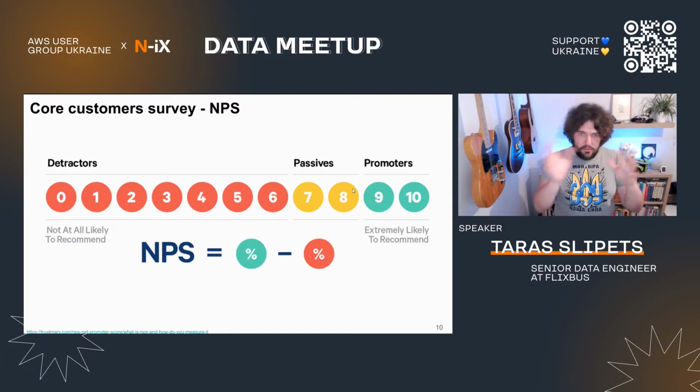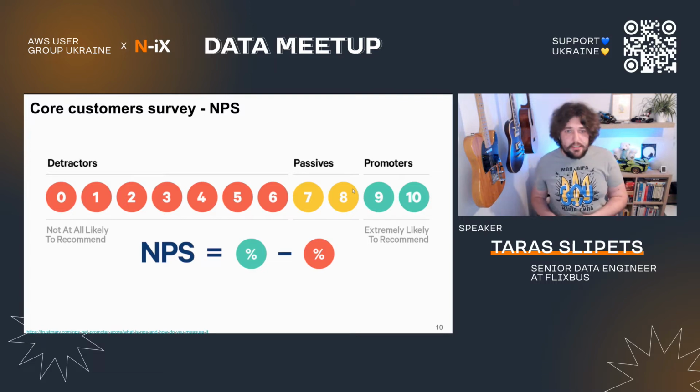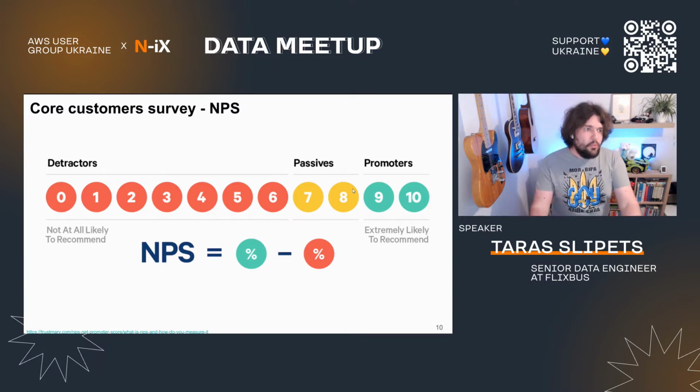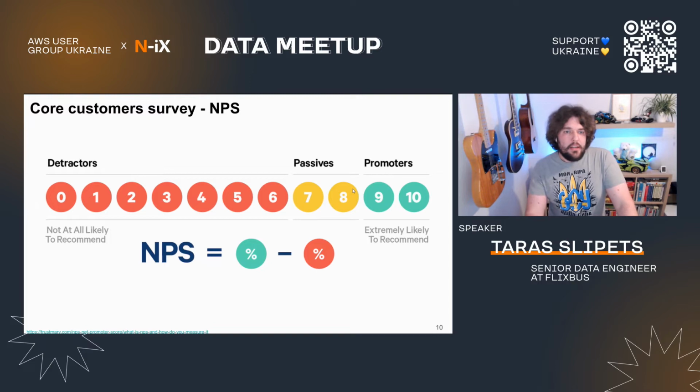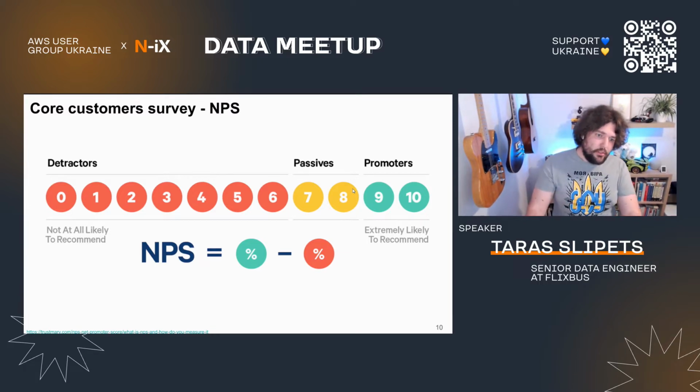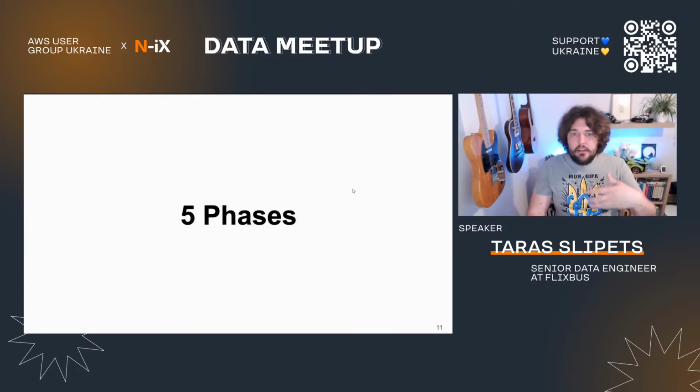Sometimes it's just three options, like a happy face, a neutral face, and an angry face. This is one of the surveys we take, and the data collected flows exactly through the scenario from the previous slide. Now, getting into those five phases.